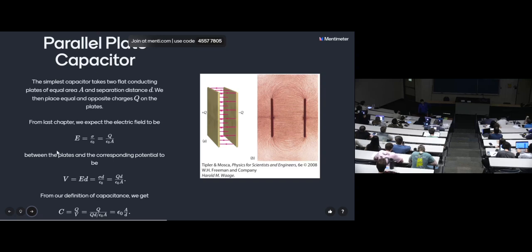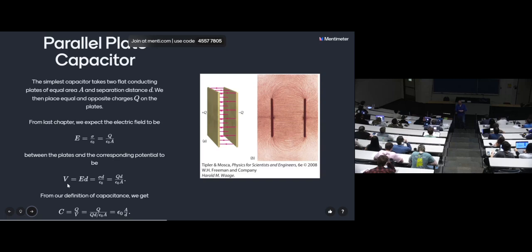So we said that between the plates, the corresponding potential is going to be E times D. How did I come up with that? Electric potential is E times D. William? Yeah.